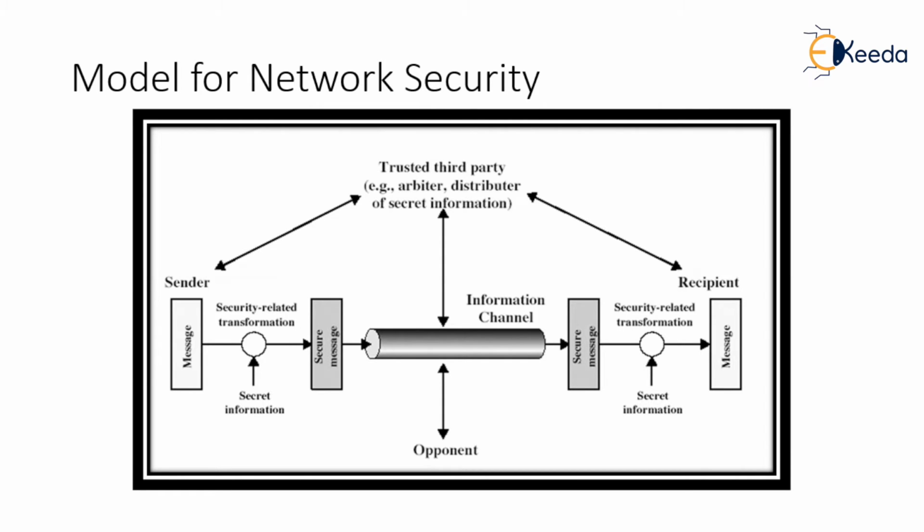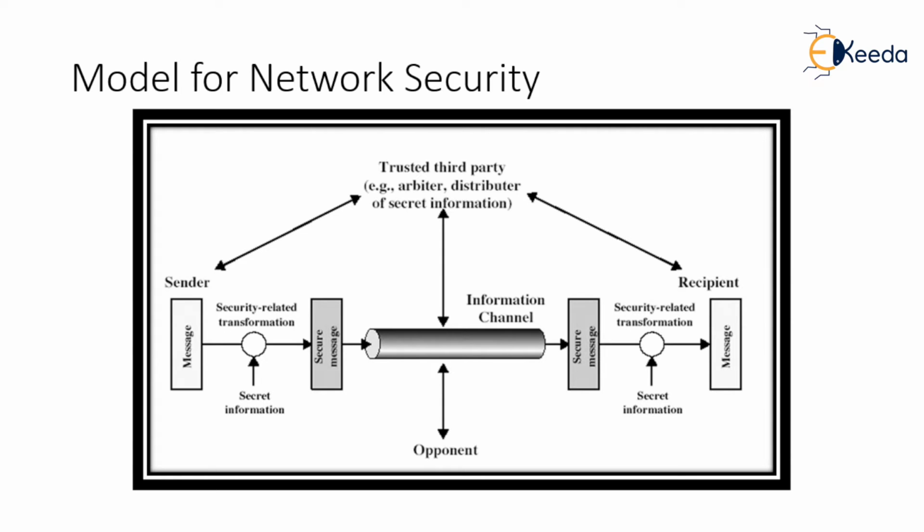Second, some secret information shared by the two principals and, it is hoped, unknown to the opponent. For example, we can consider an encryption key used in conjunction with the transformation to scramble the message before transmission and unscramble it after reception. There may also be the addition of a code based on the contents of the message, which can be used to verify the identity of the sender.